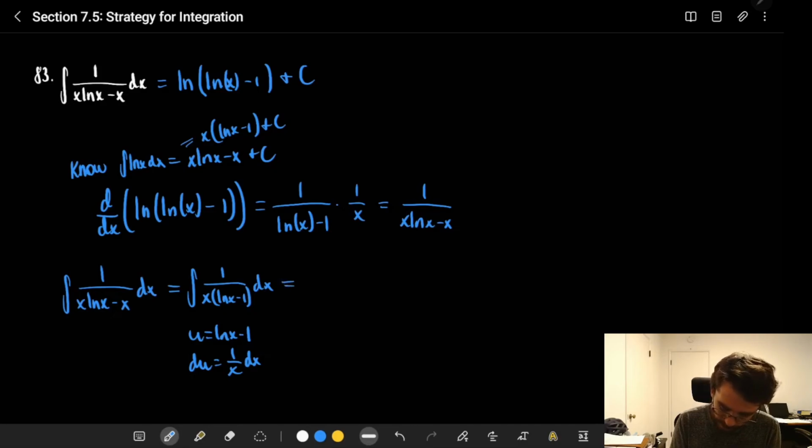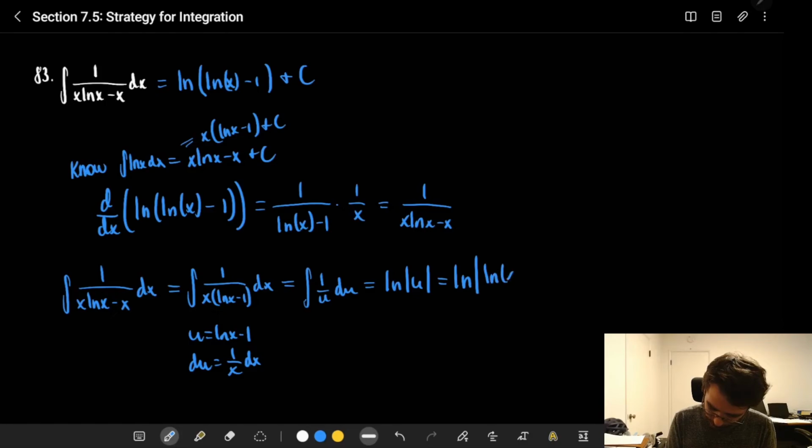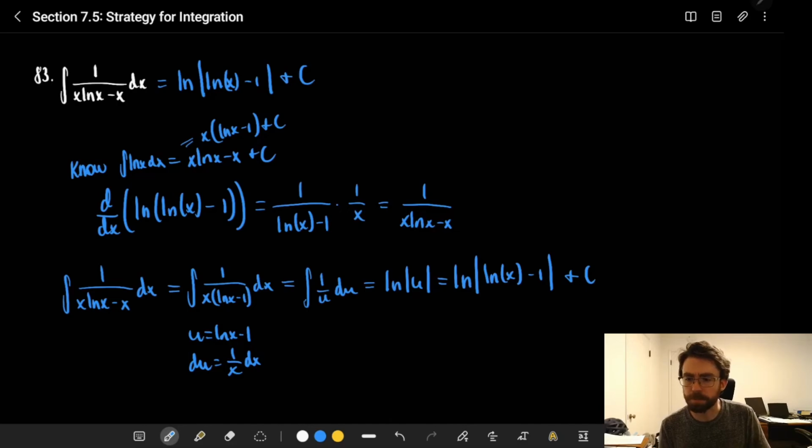That does it. Okay, so that's not actually that bad. I didn't need to go crazy mode. That's just 1 over u du, which is log absolute value of u, but u is log x minus 1. Okay, so same answer. I guess I was off by absolute value. But yeah, it's kind of cool, right?